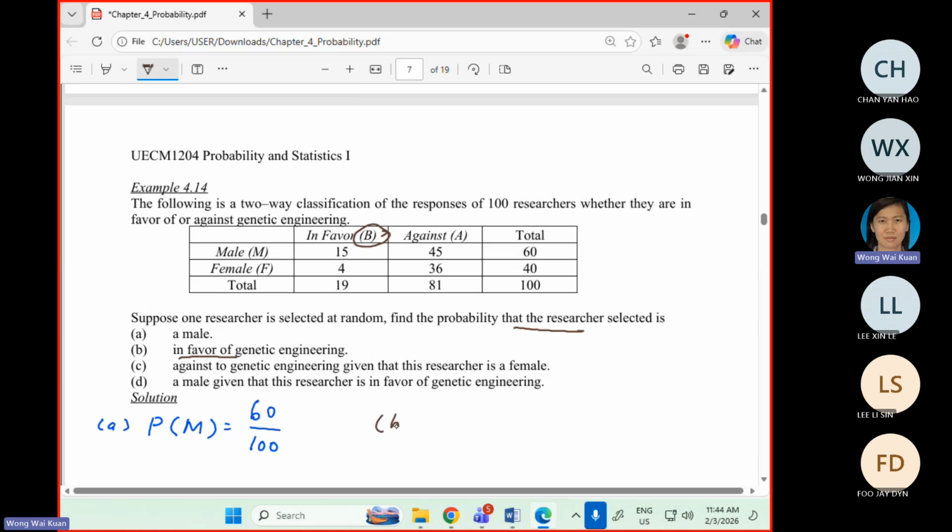So for B, I'm looking for the probability of B. In favor is B. B alone, sorry. So B alone, how can I look for B? Am I taking care of male or female? No, right? This is altogether 19 over 100.